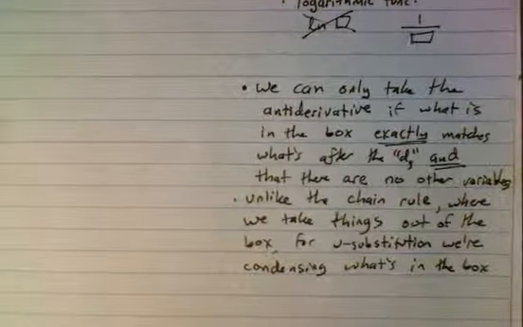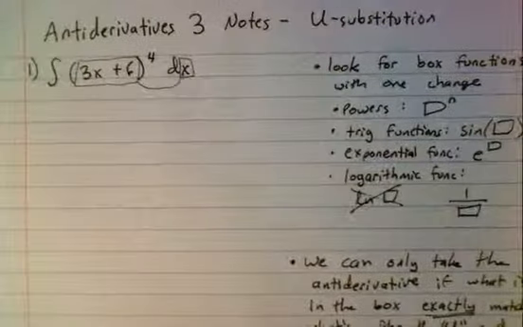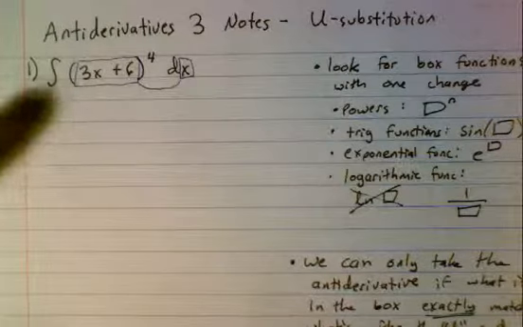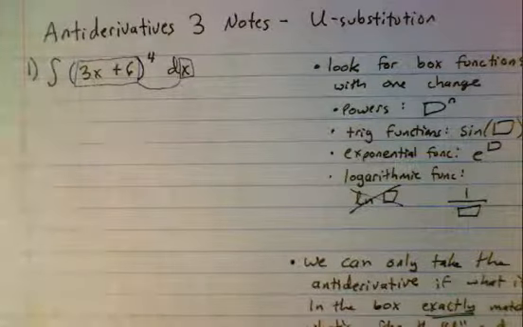And basically, U substitution is another form of rewriting. We want to make it so that we have one of the rules that we've memorized, and now we're just doing some more creative stuff to make this into something that we know what the antiderivative is.